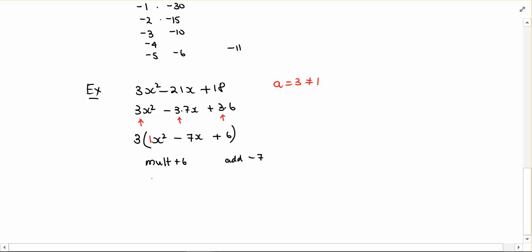So let's see, I know since it's positive 6, they both have to be negative. So 1 and 6 right there gives me the answer. So this factors further as 3, x minus 1, x minus 6. Okay, that's it.